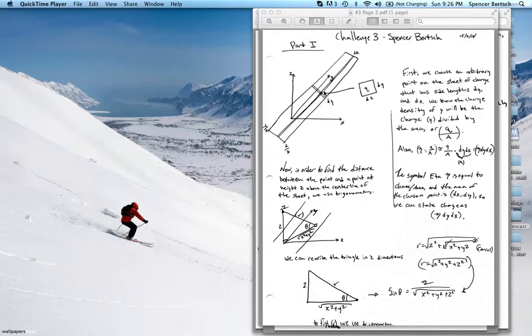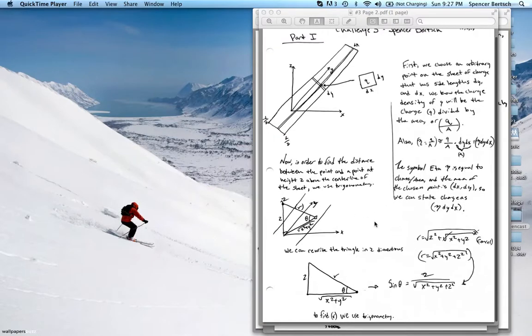So eta dy dx represents the charge of this little area Q as it sweeps out dy and dx.